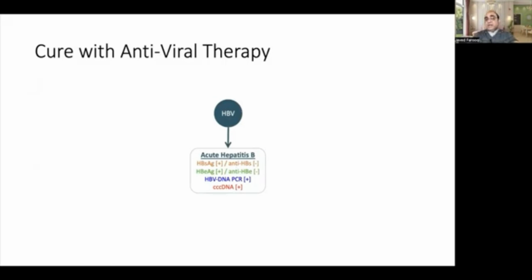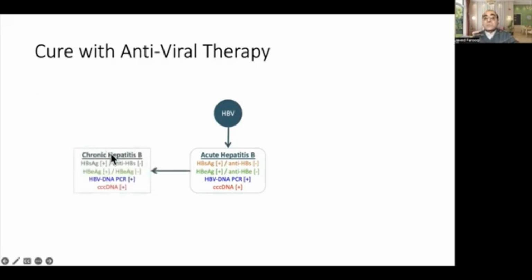This is the last slide, and I would like to have your attention on this. Cure with the antiviral treatment. This is the hepatitis B virus. In the acute phase, the patient has HBsAg positive, HBeAg positive, PCR positive, and cccDNA positive.